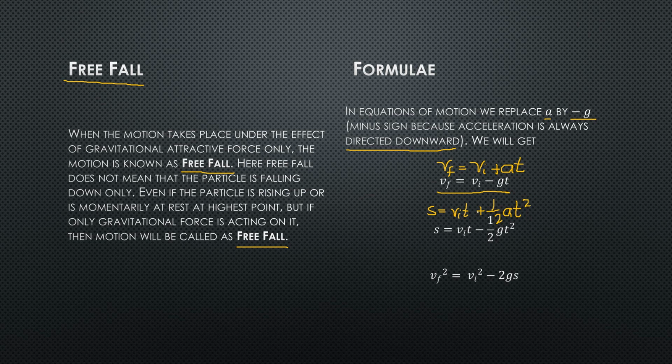We replace a by negative g and get this one. And last, the square of the final velocity equals the square of the initial velocity plus twice the product of acceleration and displacement. Replacing a with negative g, we get this one. These are the basic formulas under free fall.